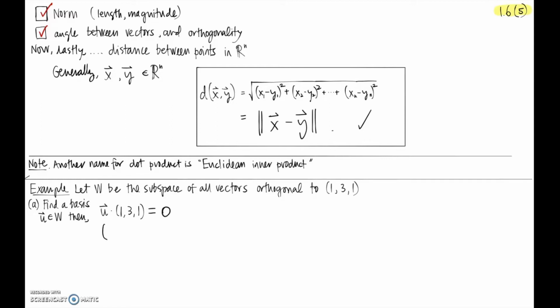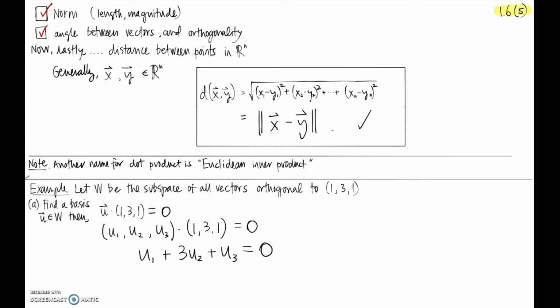Okay, so let's write this out as (u1, u2, u3) dotted with (1, 3, 1) equals 0. Well, I know how to do a dot product, so that would be u1 times 1, that's u1, plus 3u2 plus u3 equals 0.